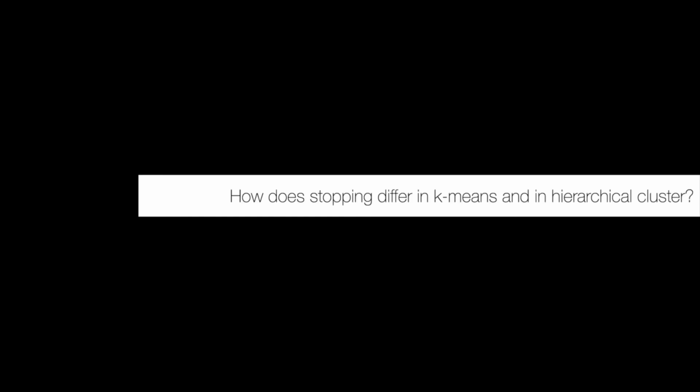Now you may ask, what is the difference between this elbow method that we just introduced and the stopping conditions and determination conditions we introduced in the lecture last time for hierarchical clustering? Really it's about conceptualizing what the k value means in these two spaces.